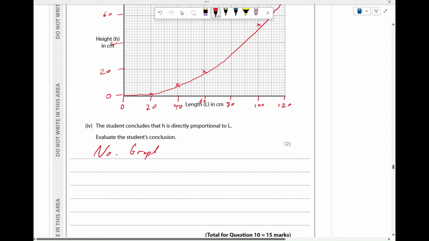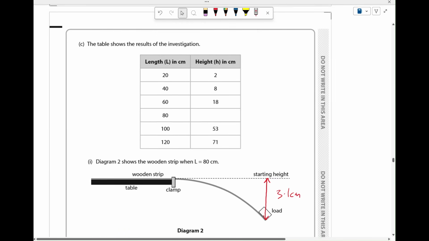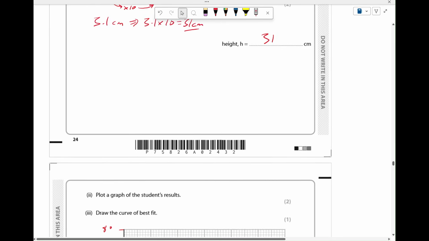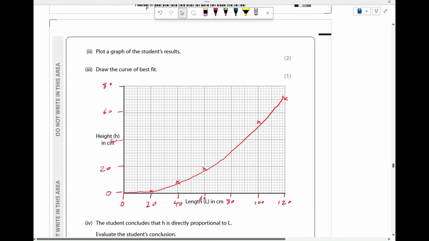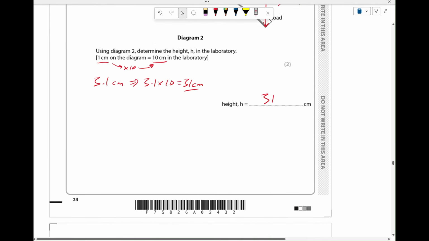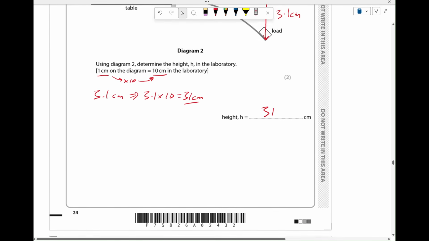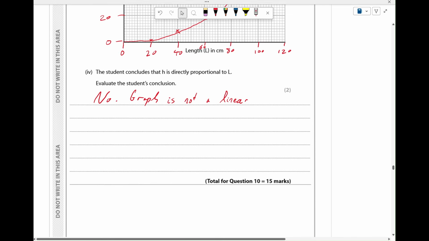Graph is not a linear, so we do know this. Sorry, I was a bit confused about what that missing point was there. We do know 31 because we've got it from the previous question. Yeah, sorry about that, being a bit slow there.